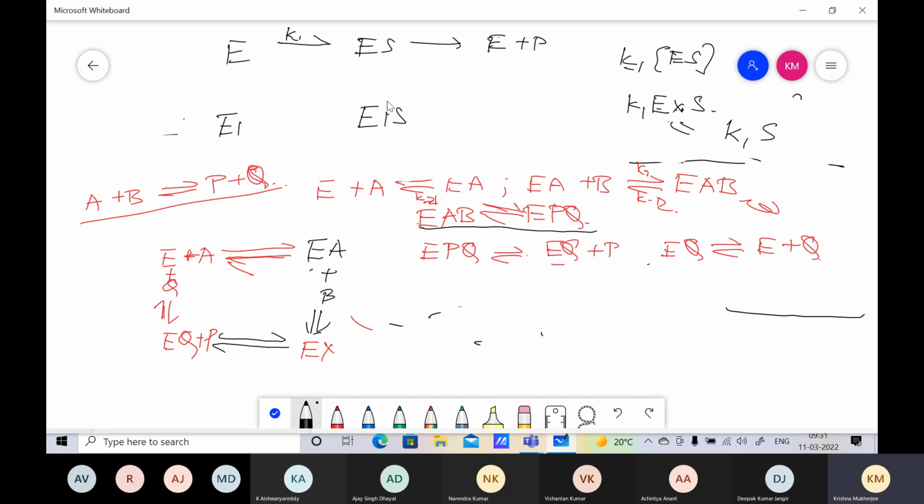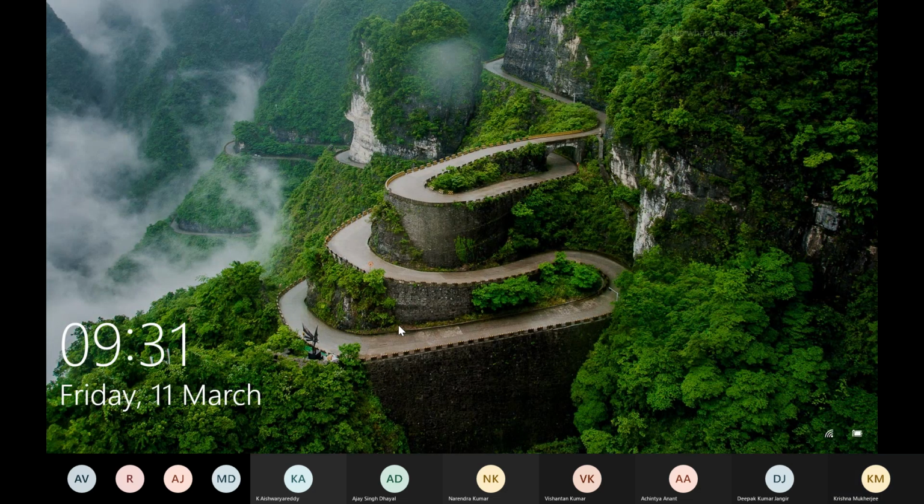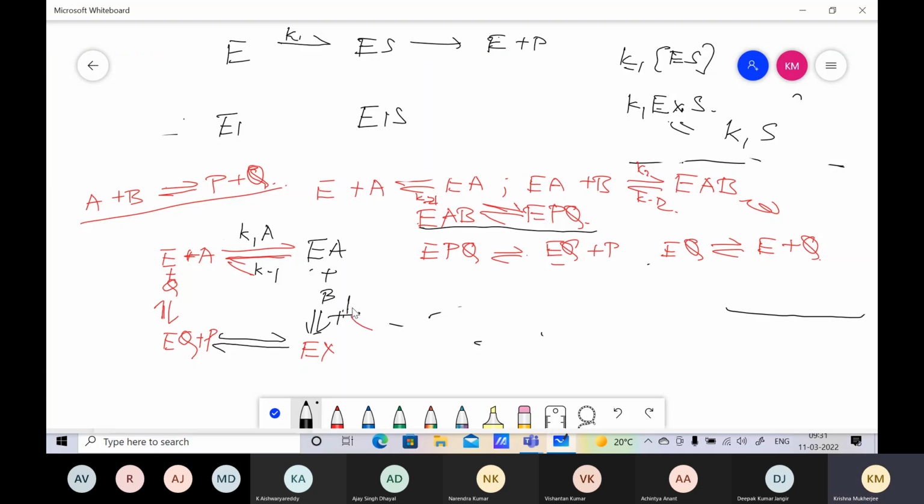So notice that the forward reaction here is K1A. The reverse reaction is K minus 1. What about the forward reaction here, the pseudo first order reaction? If this is K2, it is K2B, and this is K minus 2.